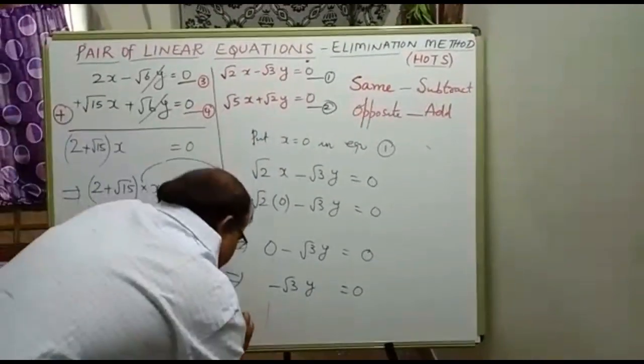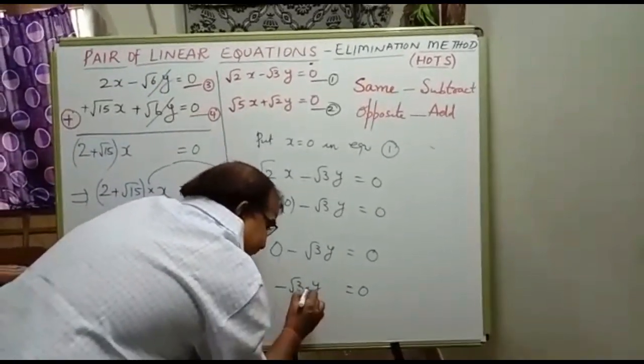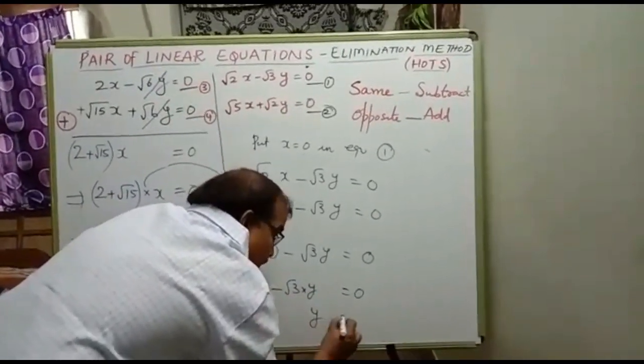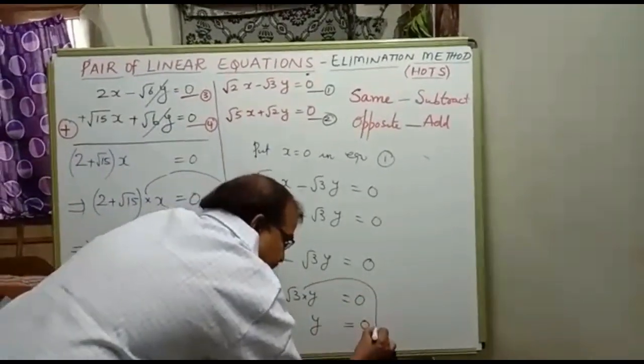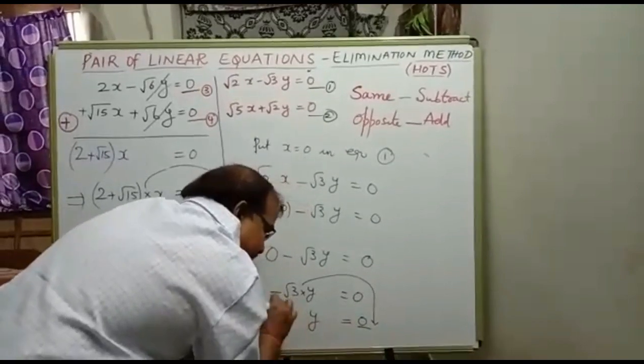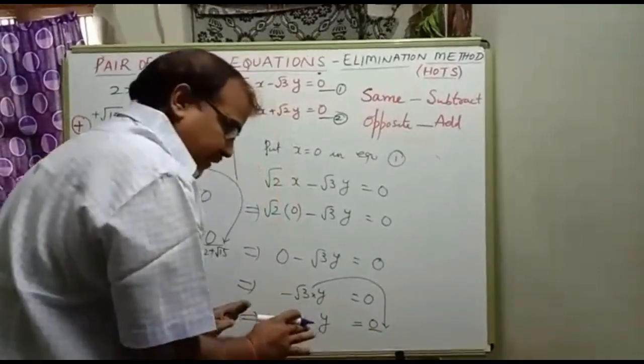Now here it is root 3 into y, so this will be divided by minus root 3 only.